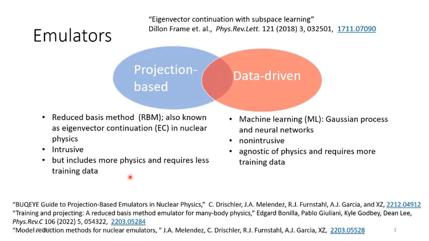It doesn't really look into the underlying physics equations. But unfortunately, because of that, it does require a large amount of training data, and my experience informs me that they tend to have worse extrapolation capabilities.